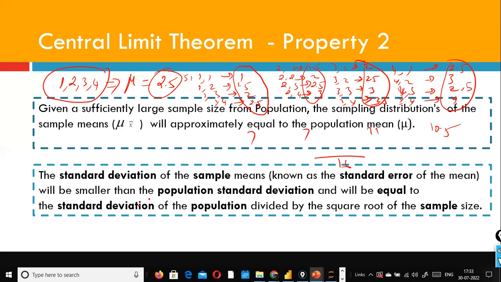No, 7 divided by 2 is 3.5. Here 8 divided by 2 is 4. So here how much do you get? 3.5 and 4, 5, 6, 10, 13, right? 24 plus 14, how much? 24 plus 14 is 38.